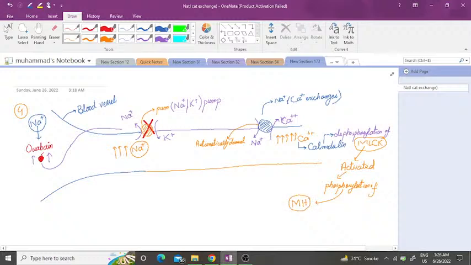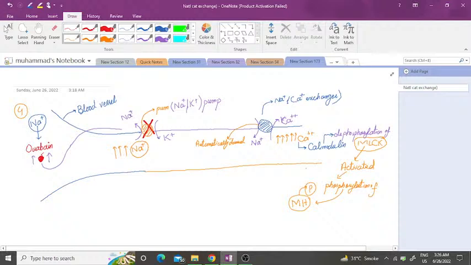The myosin head will be persistently phosphorylated by the myosin light chain kinase because of its dephosphorylation associated with the calcium calmodulin complex.